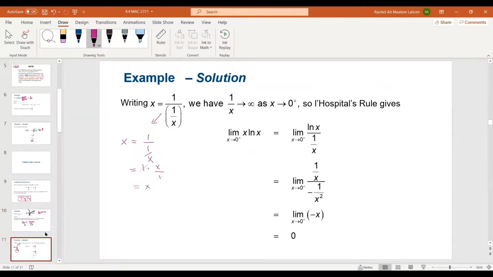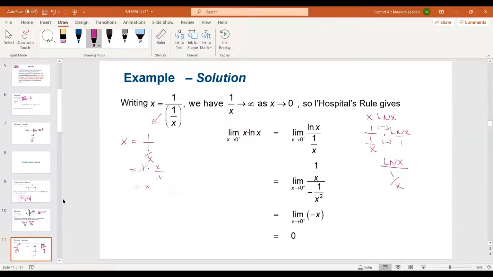So x ln x becomes ln x times 1 over 1 over x. And of course, when you do the fractions, that's ln x over 1 over x. The simple direct way, if you have this, is you just bring x to the denominator as a reciprocal.